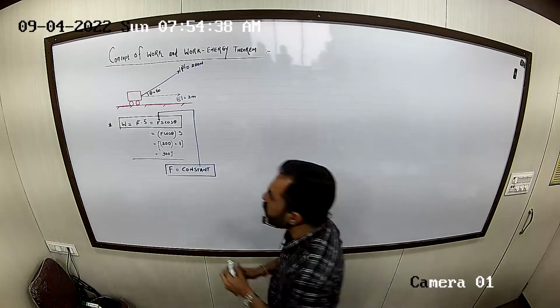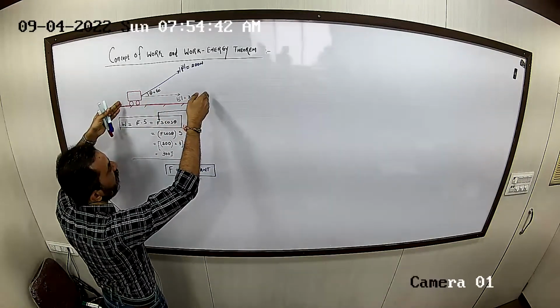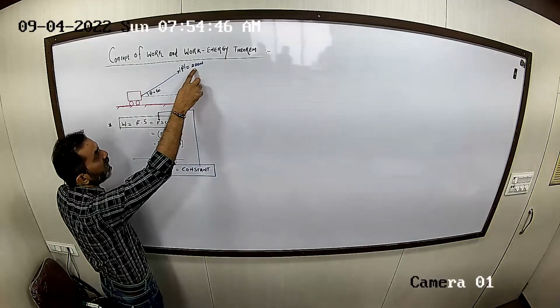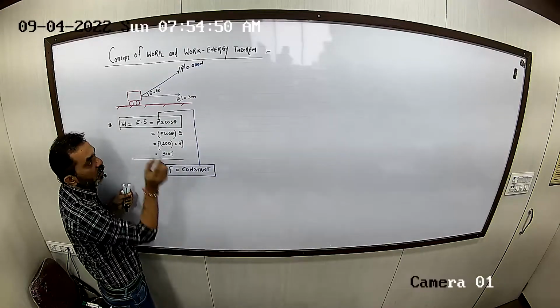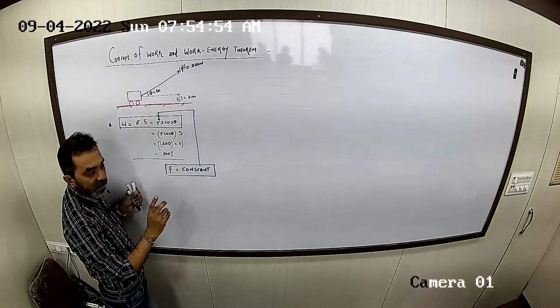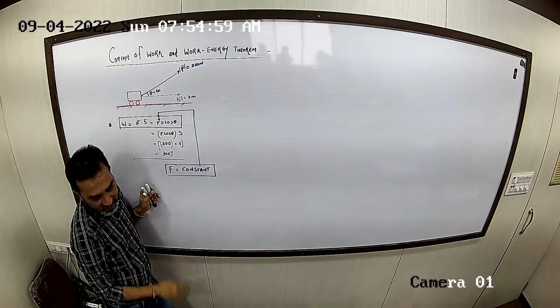I said this toy car is getting displaced from here to here, let's say by 3 meters. Throughout the displacement, if you find the component of 200 Newton at 60 degrees, that is 100 Newton. So a constant 100 Newton force is acting in this direction, I can say. That is responsible for the 3 meter displacement. Then only you can use this relation.